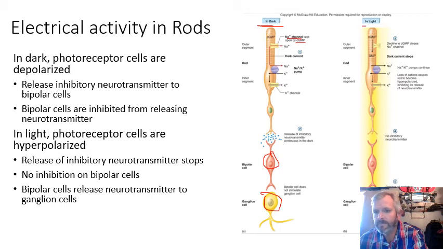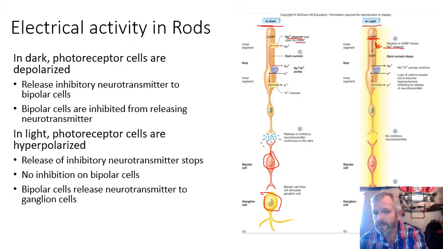In light, we go from 11-cis to all-trans. That activates my G protein, and then my phosphodiesterase. Now cyclic GMP levels are going low. That shuts down my sodium channel, and now my cell is hyperpolarized.